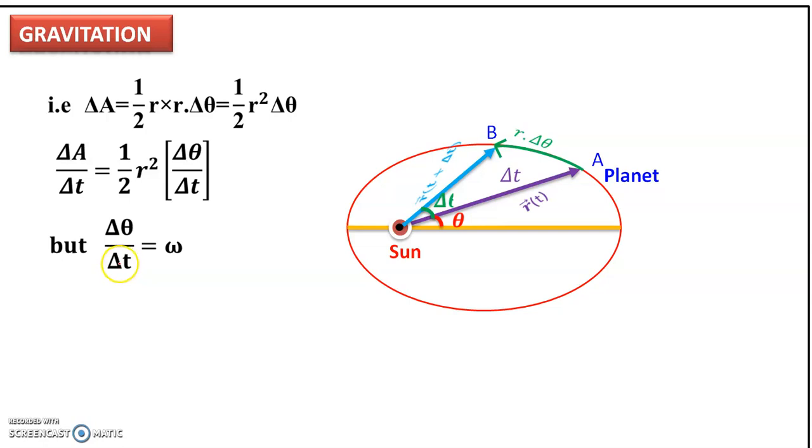We call it the rate of change of angular displacement, that is angular velocity omega. That means delta A by delta T is equal to half R square omega.